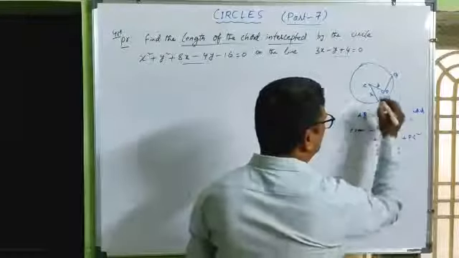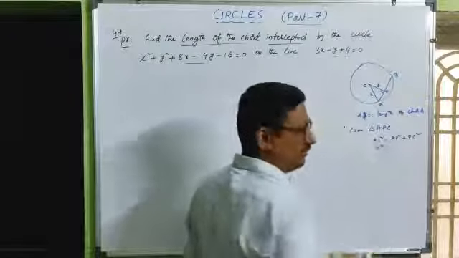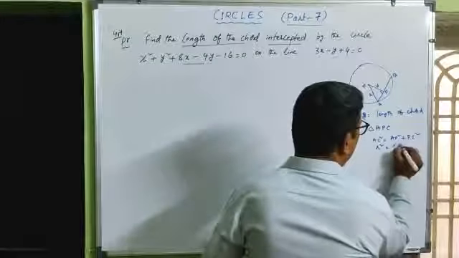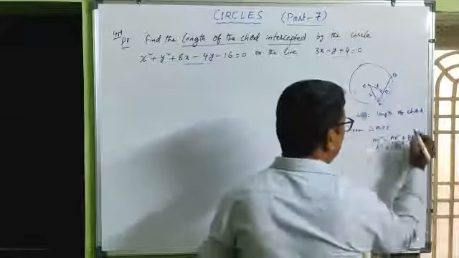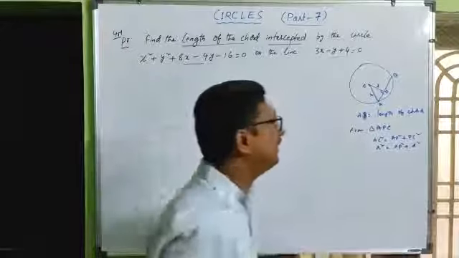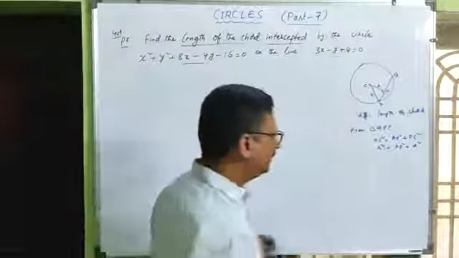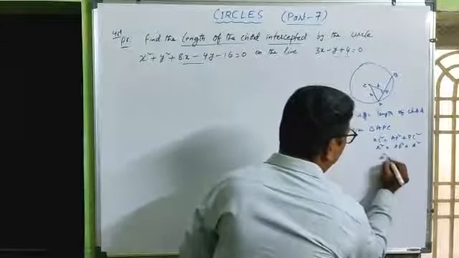So what is AC square? It is the radius of the circle, denoted by small r. R square is equal to AP square plus PC square, and PC is nothing but the perpendicular distance from the center to the line. So PC square is D square.